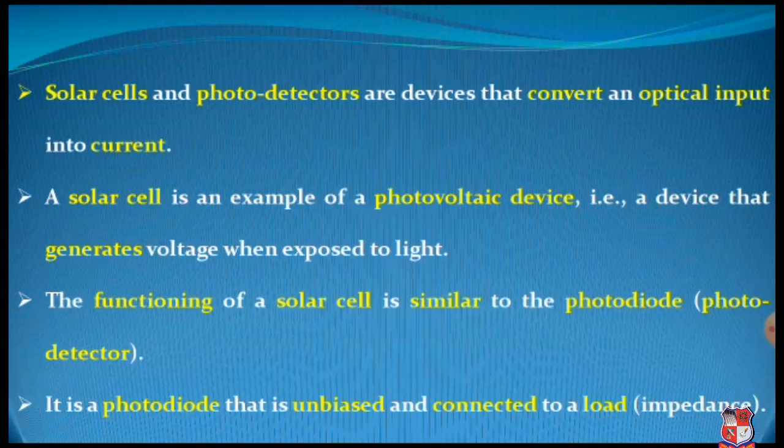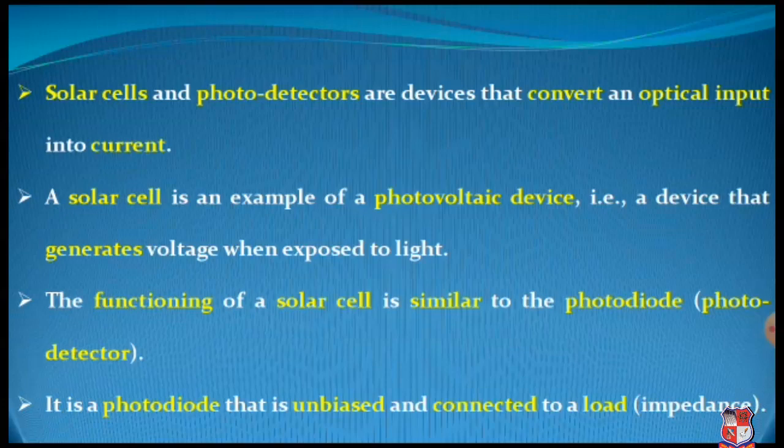A solar cell is an example of a photovoltaic device, that is, a device that generates voltage when exposed to light. As discussed earlier, the functioning of a solar cell is similar to a photodiode, that is, the photodetector.